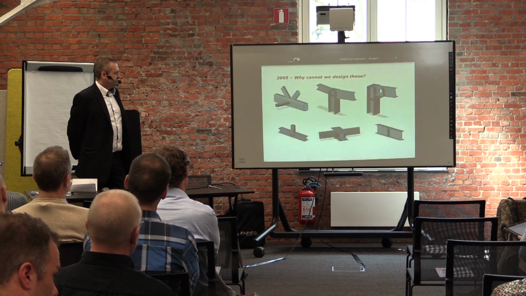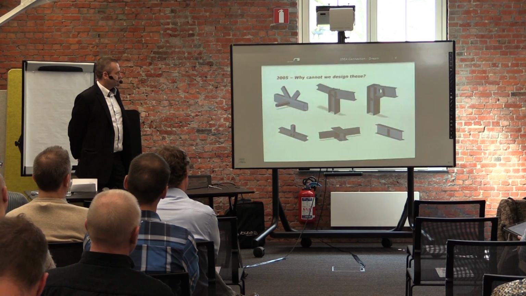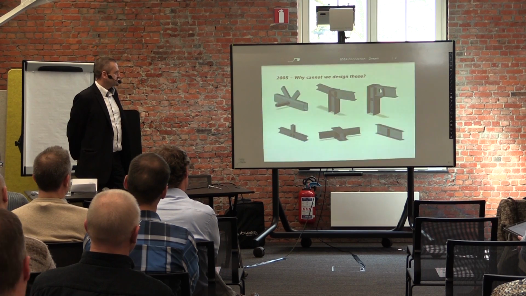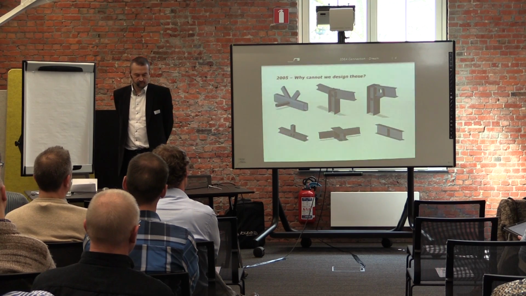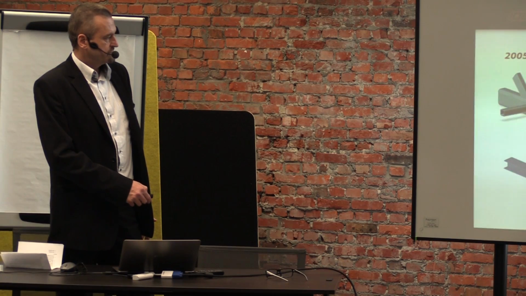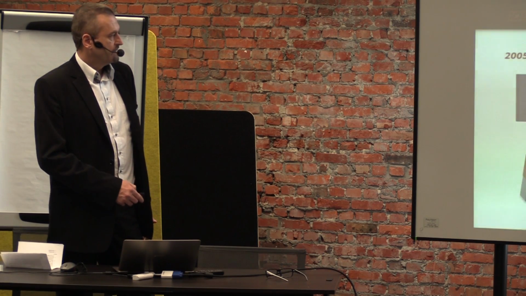So we speak about all kinds of connections with open sections, with closed sections, with different positions of stiffeners, with openings in webs, in flanges, with shifted end plates, for instance, or a combination of open sections and closed sections.